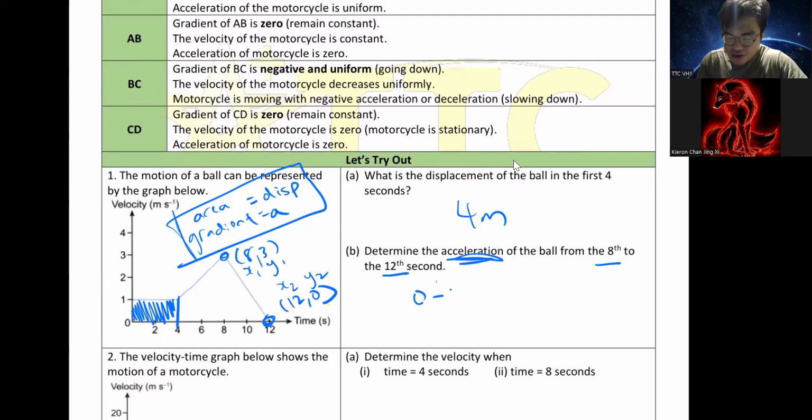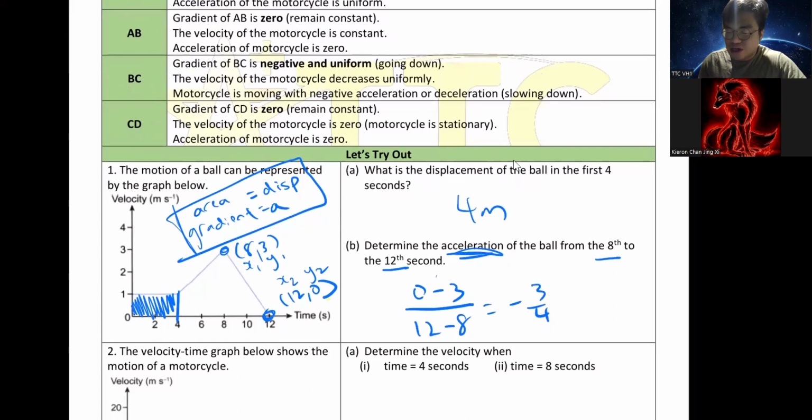So 0 minus 3 over 12 minus 8. So it's negative 3 over 4. So if you put it into decimal, negative 0.75 meters per second squared. Follow the formula. If you forget this, you cannot do anything.